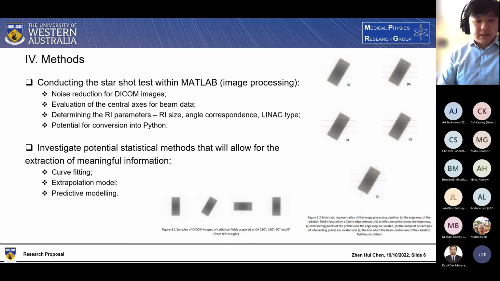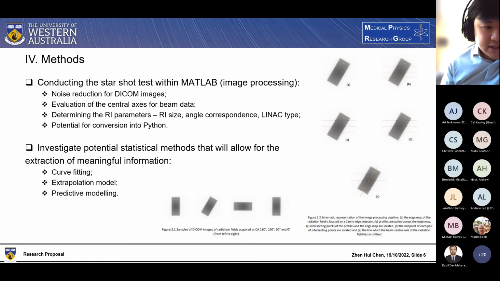So that would allow us to, again, as I showed in slide 1, get the minimum radius circle. That would give us the radiation isocenter parameters. So you'll get your radiation isocenter size, the angle correspondence, and the LINAC type and beam energy as well.